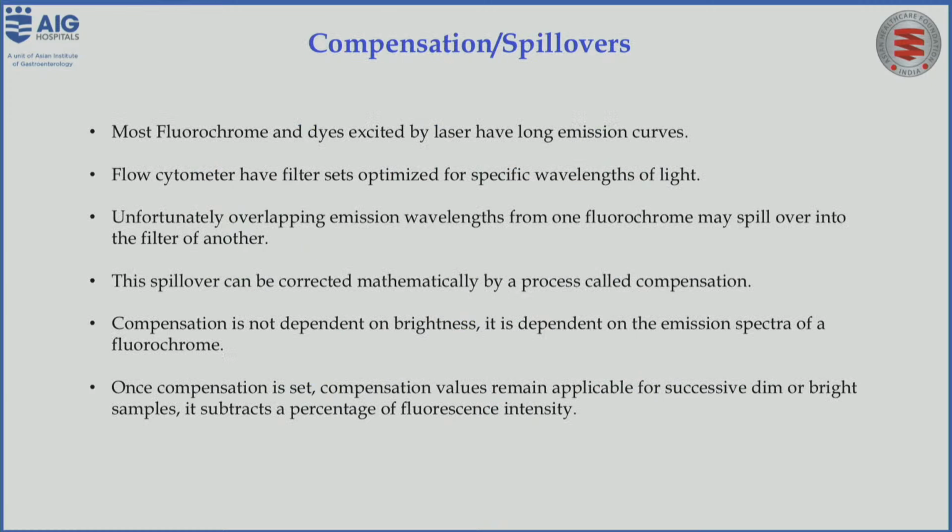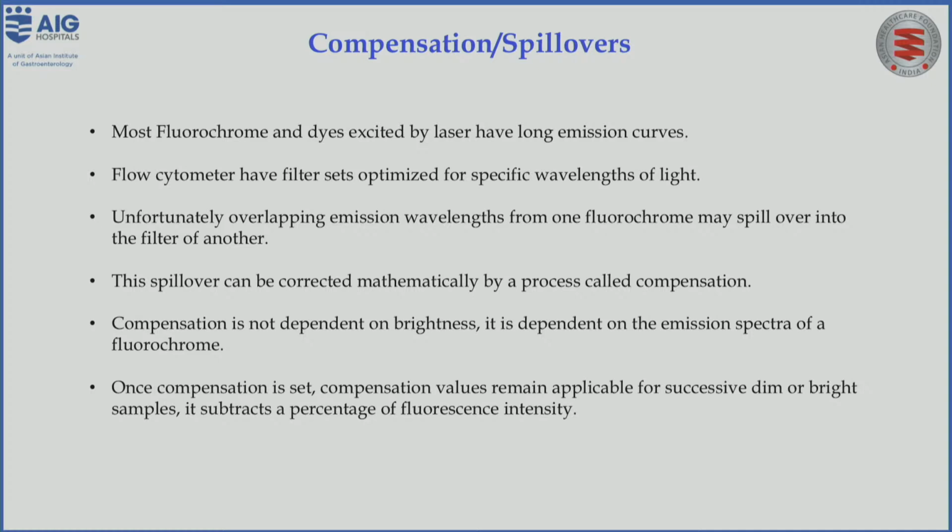Coming to compensation, most of the fluorochromes which are excited by a laser have long emission curves. A flow cytometer will have filters optimized for specific wavelengths of light. But unfortunately, overlapping emission wavelengths from one fluorochrome will spill over into the filter of another.